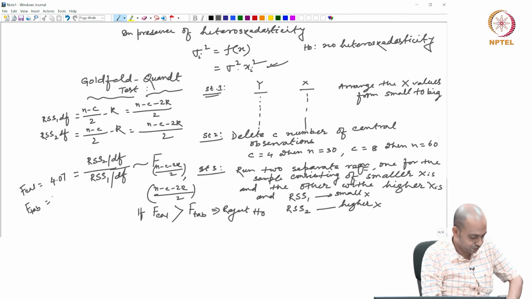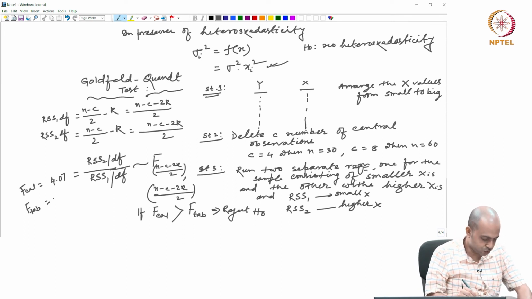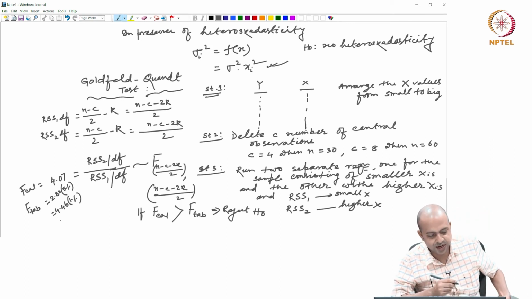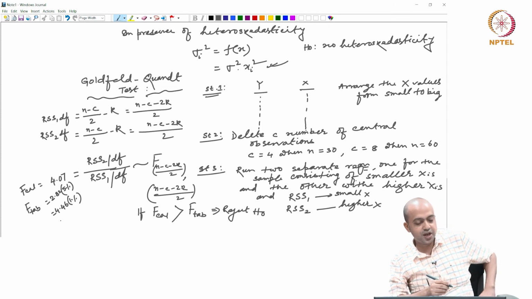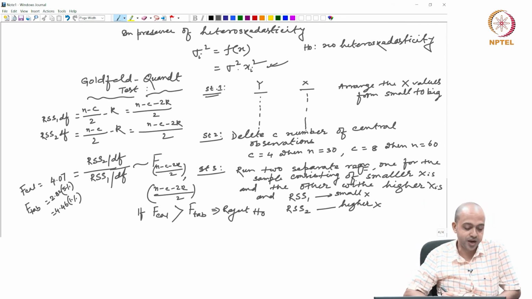If you go to your F table and look up the F statistic, you will see that it is 2.82 at 5% and 4.46 at 1%. So, that means at least you can say that you can reject your null hypothesis at 5% level of significance.